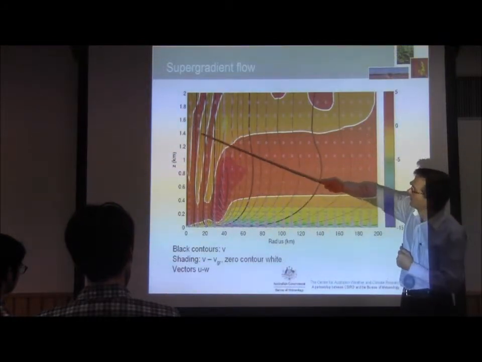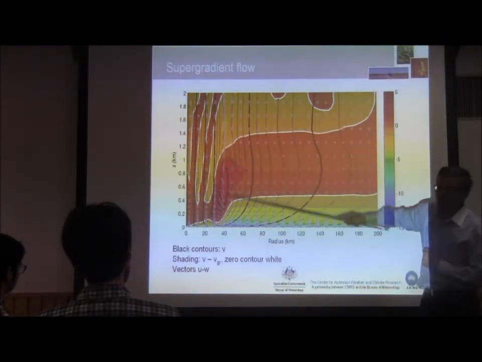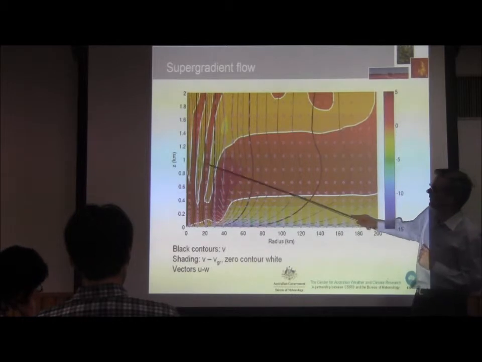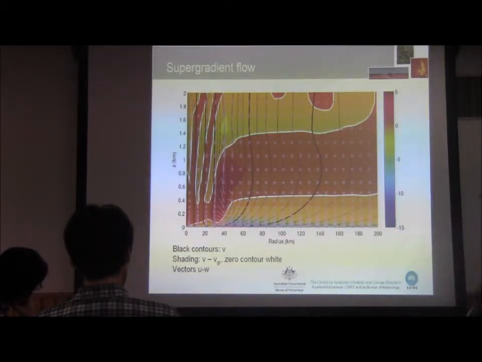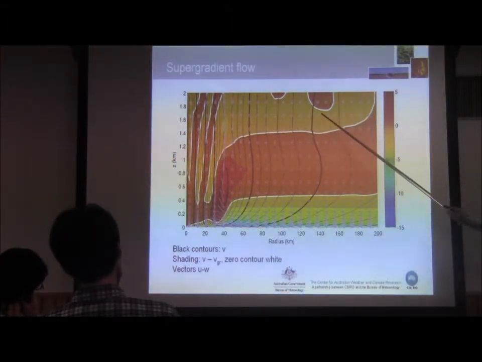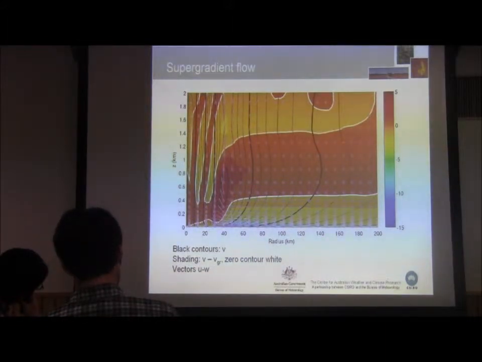supergradient. These bands here, I think they're connected with the oscillations of the vertical motion, and I'm not sure whether those are actually a realistic feature of the model. The other thing that's quite interesting is when we get further up, it goes back to being weakly subgradient, only fractionally so, but that's quite a consistent feature of the model.